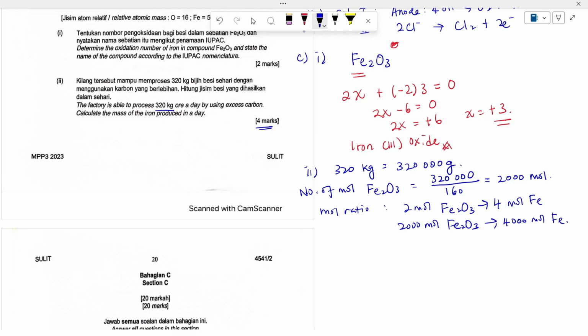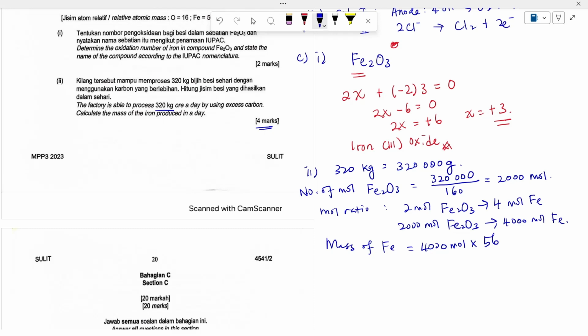The mass of the iron produced is 4000 mole times Fe, and Fe is 56.